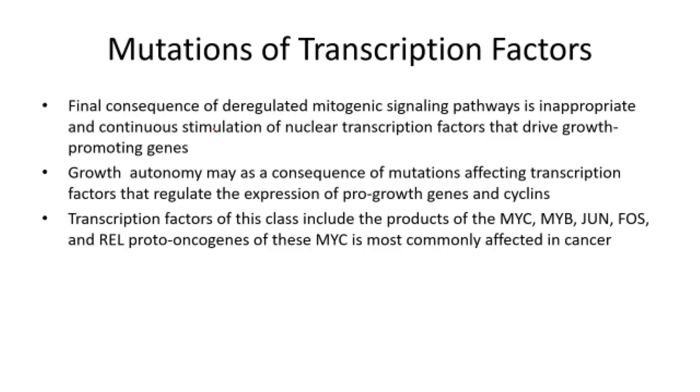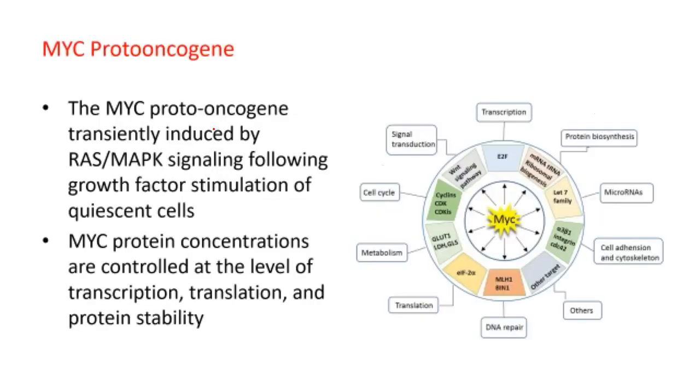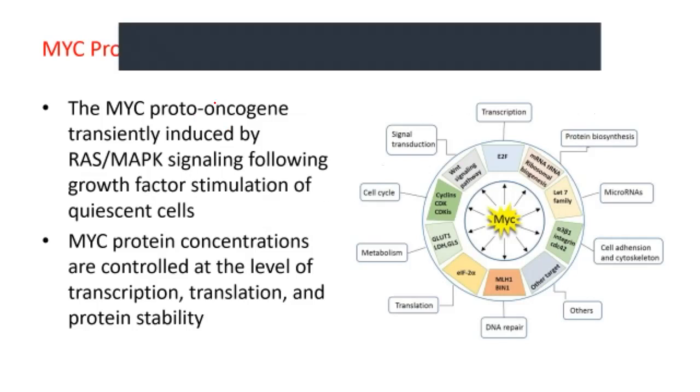The most important transcription factor mutated is the MYC gene. MYC is commonly mutated in neuroblastoma and diffuse large B-cell lymphoma. In fact, the MYC gene is responsible for signal transduction, transcription, protein biosynthesis, formation of microRNA, cell adhesion, and others.